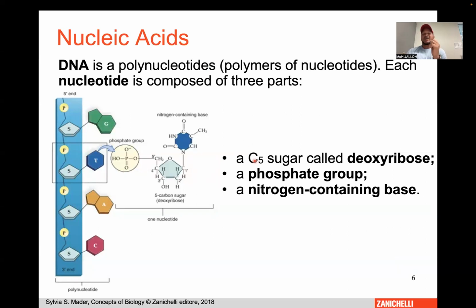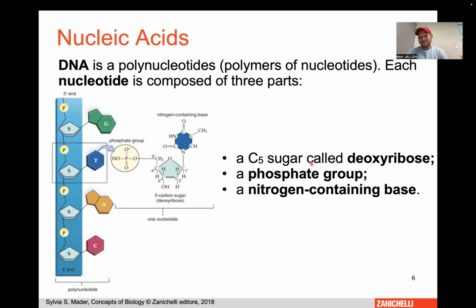Now, these 3 parts are, one, a carbon 5 or C5 sugar. That means 1, 2, 3, 4, 5 different carbons, called a deoxyribose. We are discussing DNA. Someone will say, "Oh, what about the ribose?" Of course, you may be right.